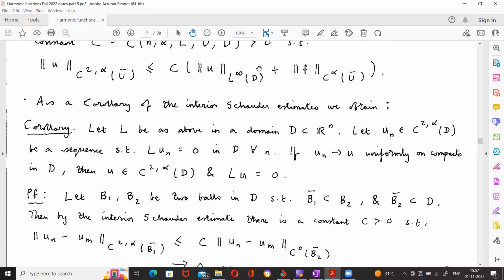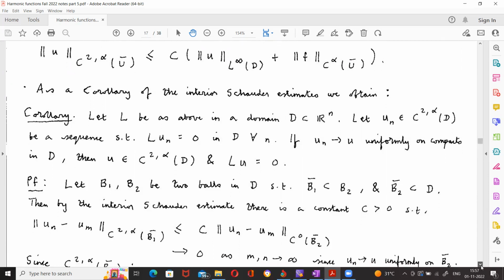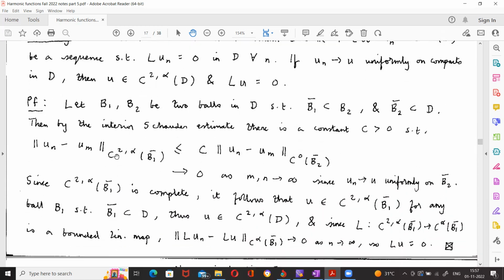So I'll just get a constant times the C0 norm. So the C2,alpha norm on B1 closure, the small ball, is bounded by a constant times the C0 norm on the big ball, B2 closure, right?